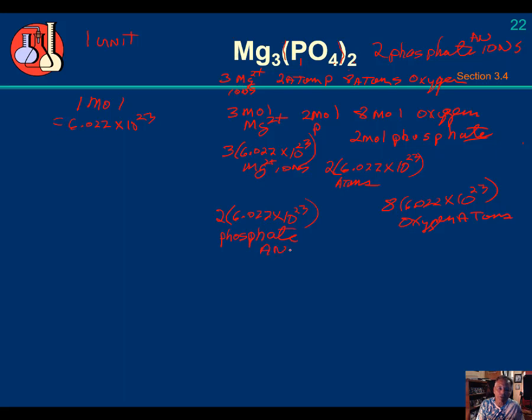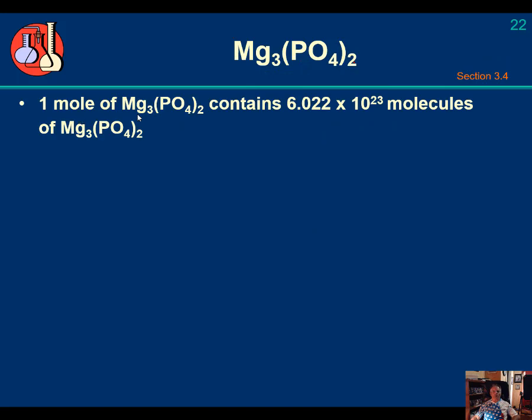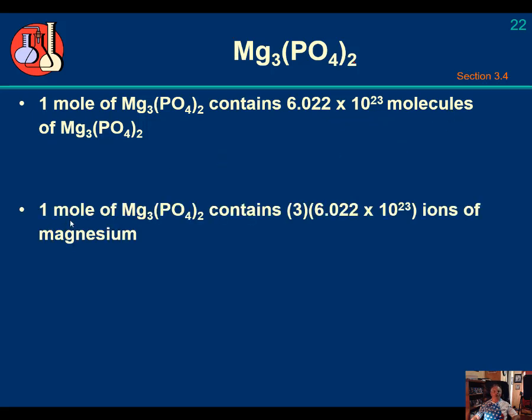anions. Okay? All right, just as a review, 1 mole of magnesium phosphate contains Avogadro's number of molecules of magnesium phosphate, 6.022 times 10 to the 23rd. 1 mole of magnesium phosphate contains, remember, look at the ratio, it's a 3-to-1 ratio, 3 magnesiums for every 1 magnesium phosphate.